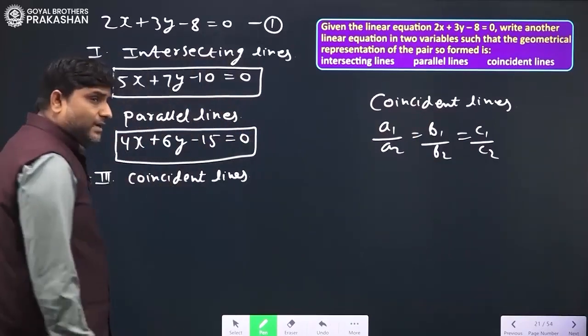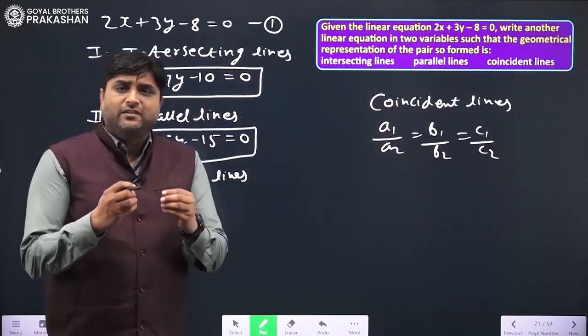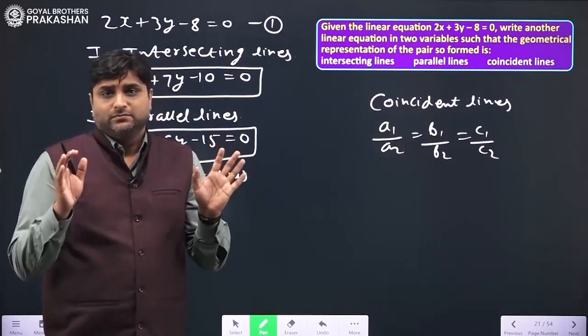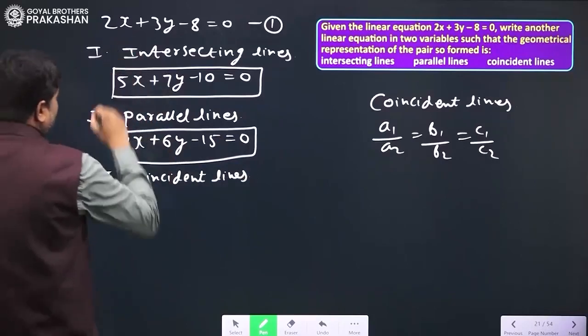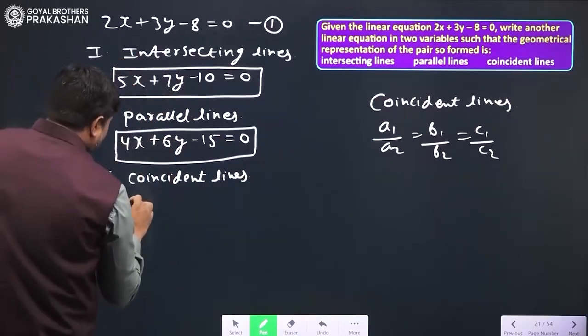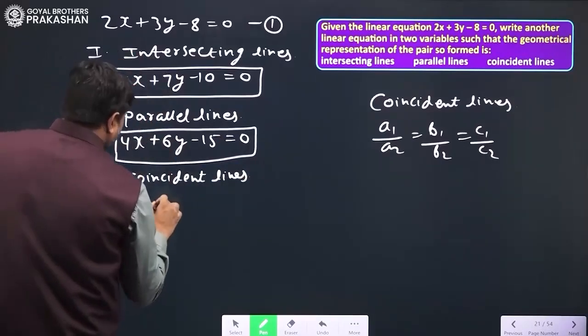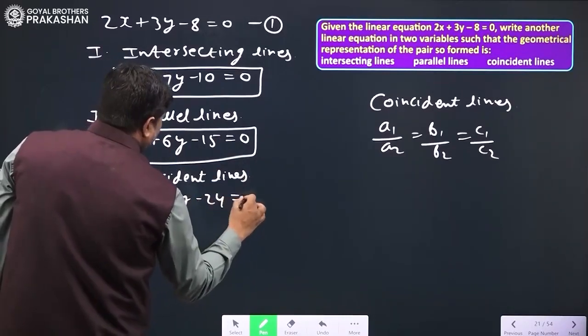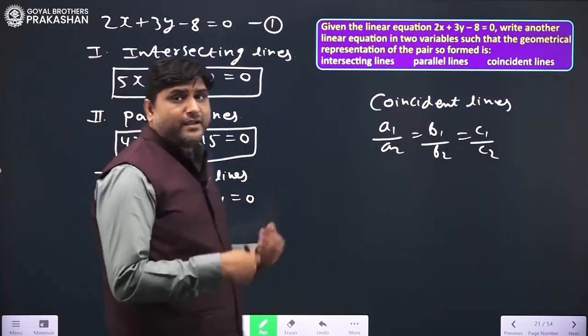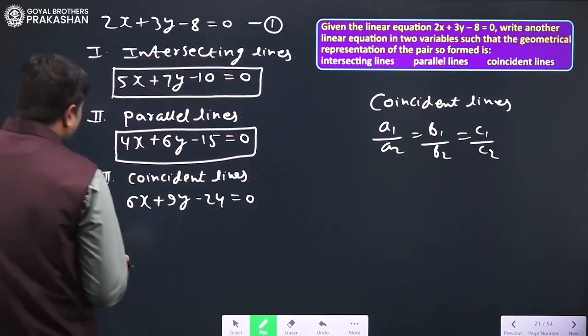So for that, just multiply equation 1 by any natural number, or any integer I can say. So if we multiply the first equation by 3, then it will be 6x plus 9y minus 24 equal to 0. Since I have multiplied it by 3, its ratio will be 1 by 3 only.